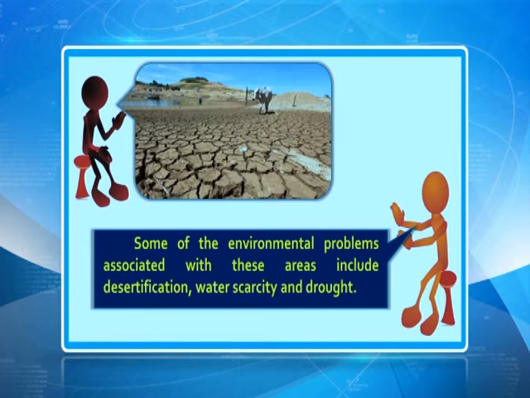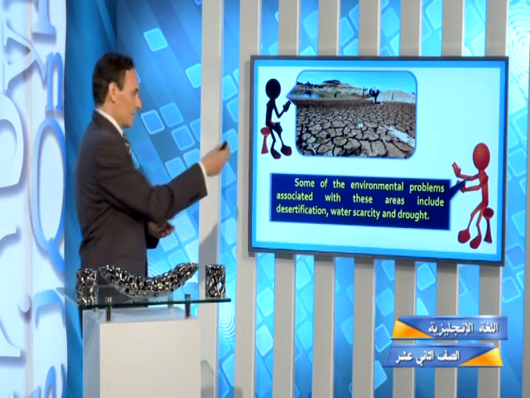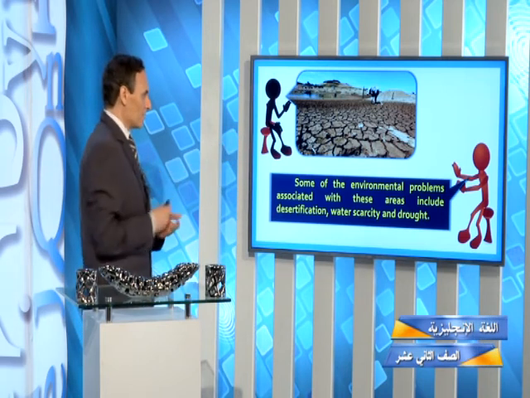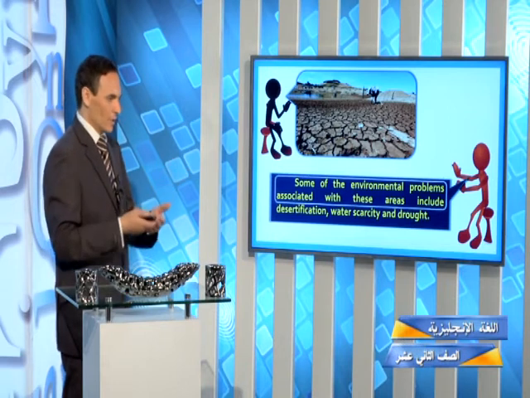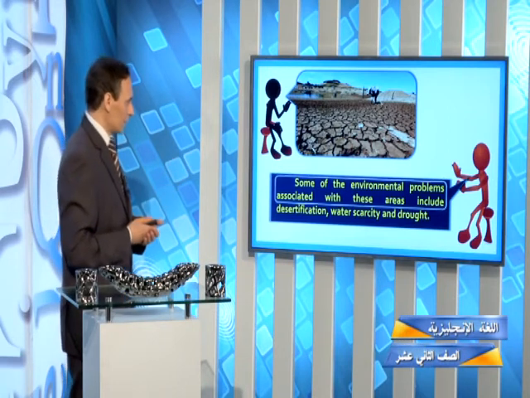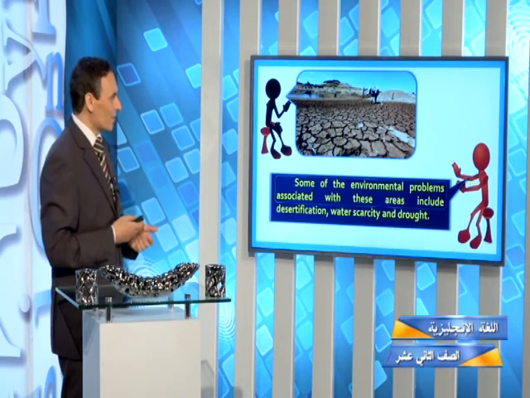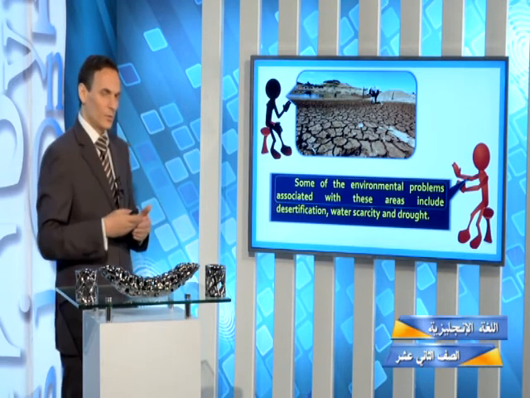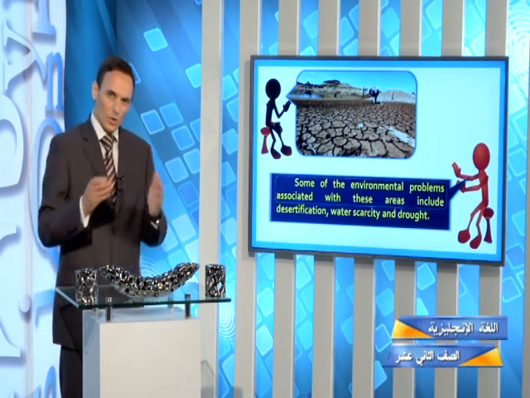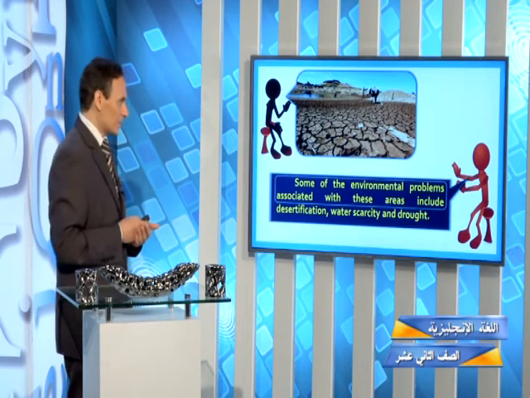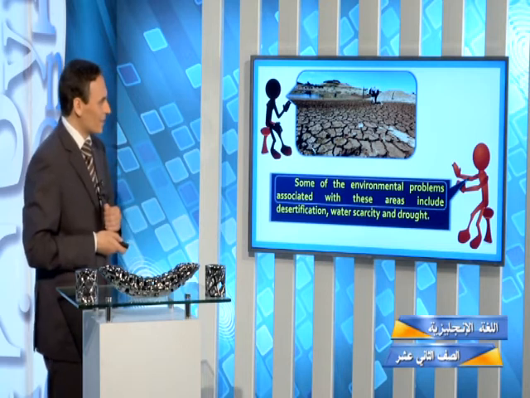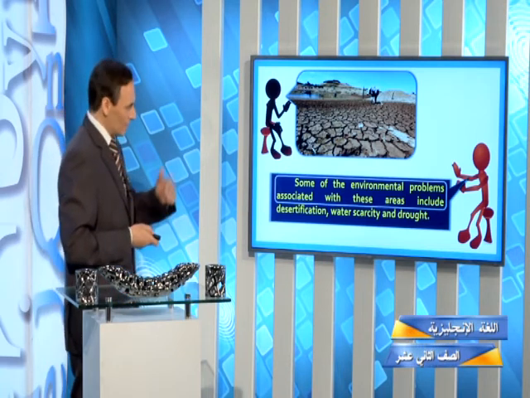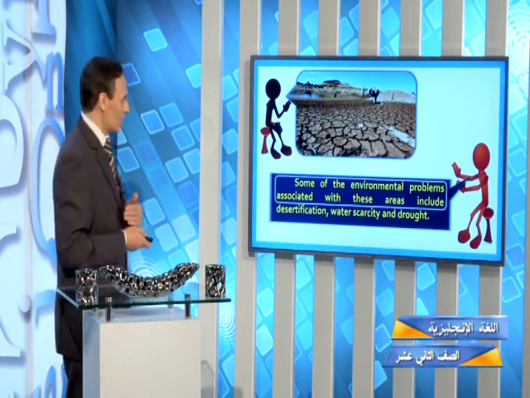So here is Ahmed enumerating or listing some or a few environmental problems, and he uses such an expression to introduce these issues. He says some of the environmental problems. It means that he is going to talk about a few, not all these environmental issues. So he says some of the environmental problems associated with these areas include, and then he starts listing the problems.